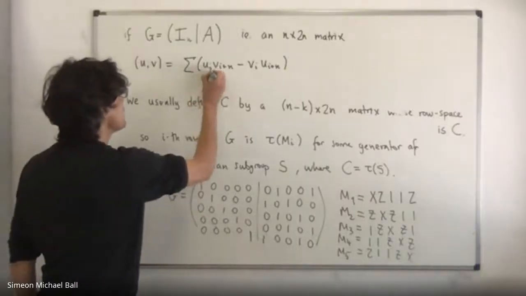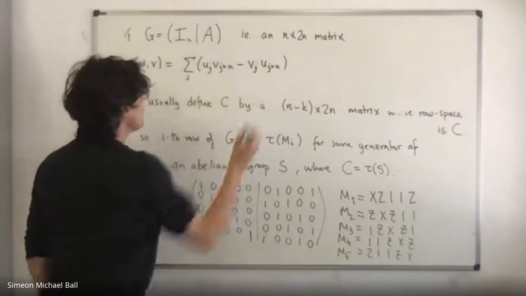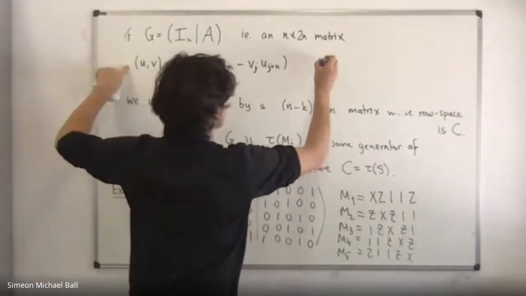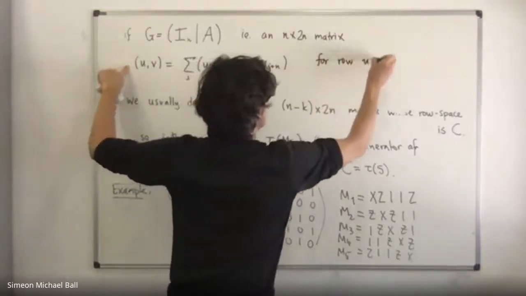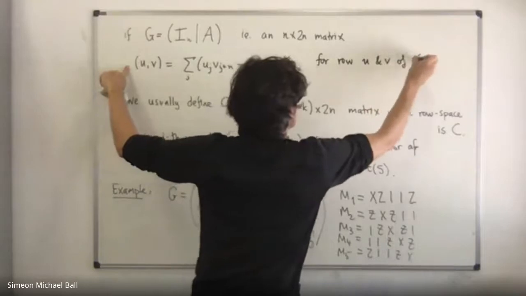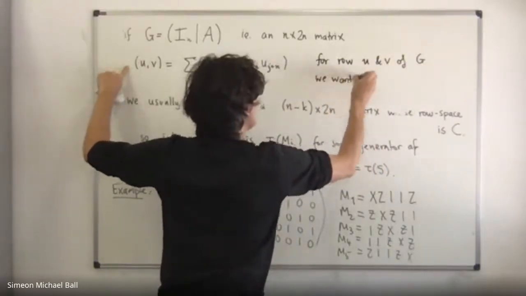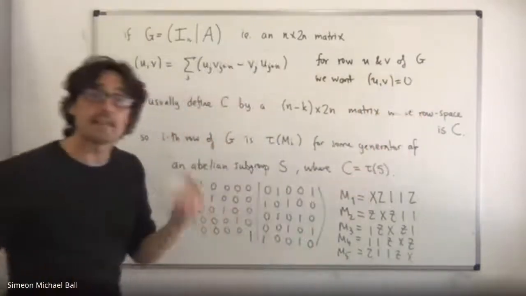I'm changing this to J's here just because I want to use I. So let's work out, because this is for any two rows, for rows U and V of G, we want ⟨U, V⟩ equal to 0. And that's enough, right?